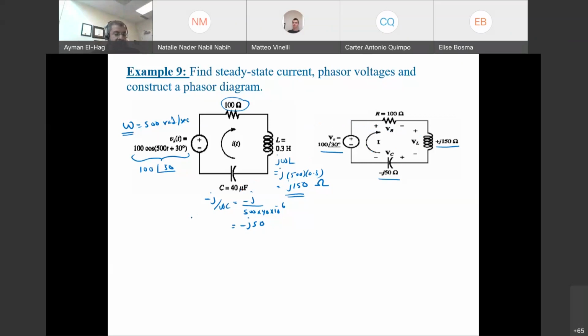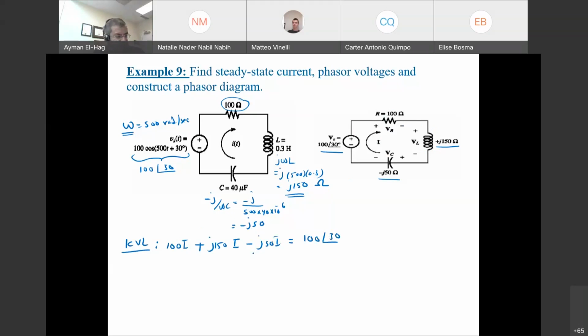So apply KVL here. We have the voltage here is VR, or 100 times I. So this is 100 times I, plus the voltage here is J150 times I, minus J50 times I, equal to 100 angle of 30.